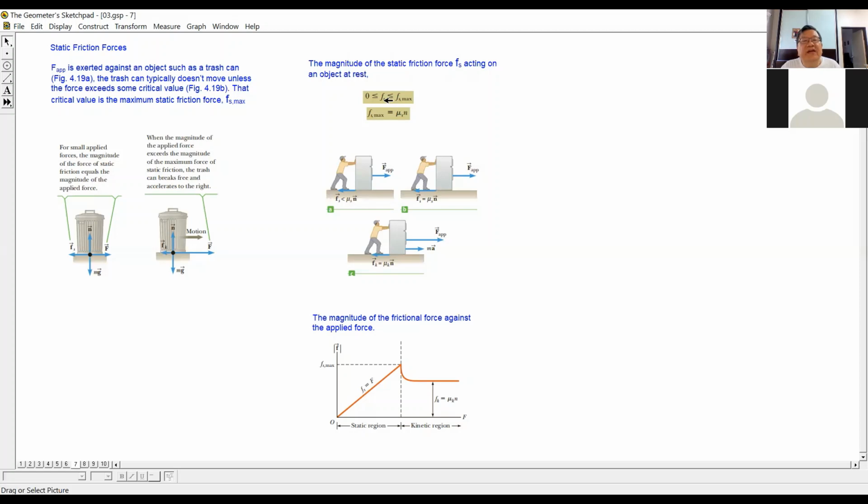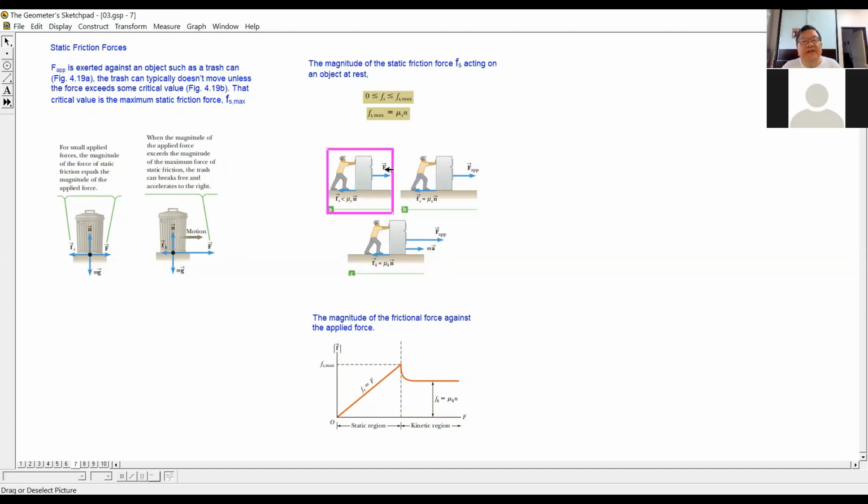So this static friction can be anything between 0 and the maximum static friction. The static friction is not fixed. It can be anything between 0 and the maximum value. And this maximum value is actually mu s. It's not mu k anymore. Mu s, multiplied with the normal force.